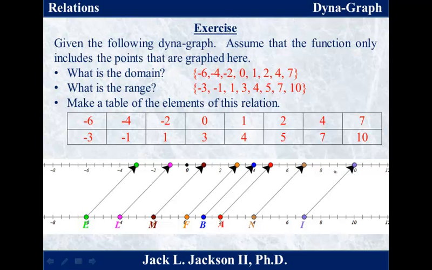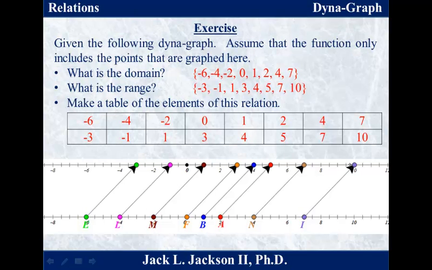So the table of elements are (-6, -3), (-4, -1), (-2, 1), (0, 3), (1, 4), (2, 5), (4, 7), and (7, 10).